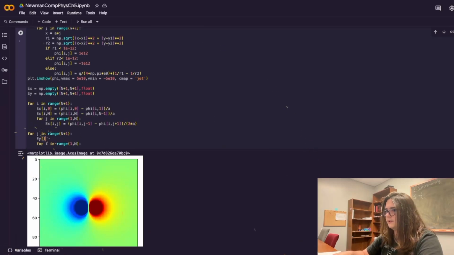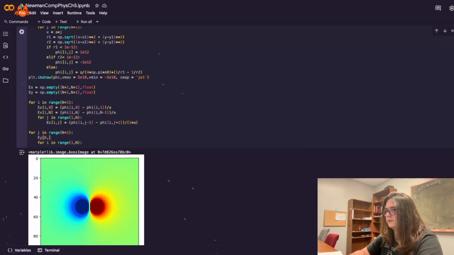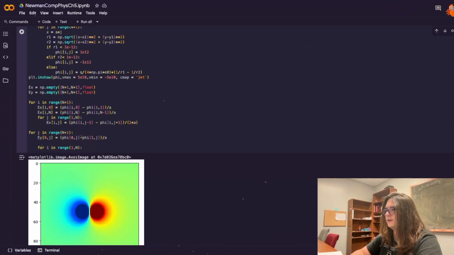So this is going to be EY indexed 0 comma j, which is going to be equal to phi 0 comma j minus phi 1 comma j here, divided by a. EY then of n and j is equal to phi, again indexed n comma j, minus phi indexed n minus 1 comma j, over a.